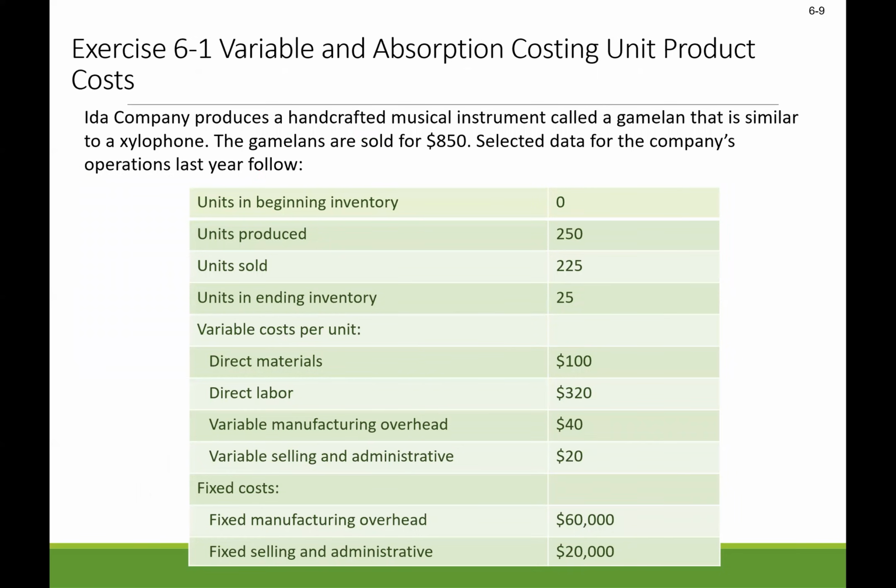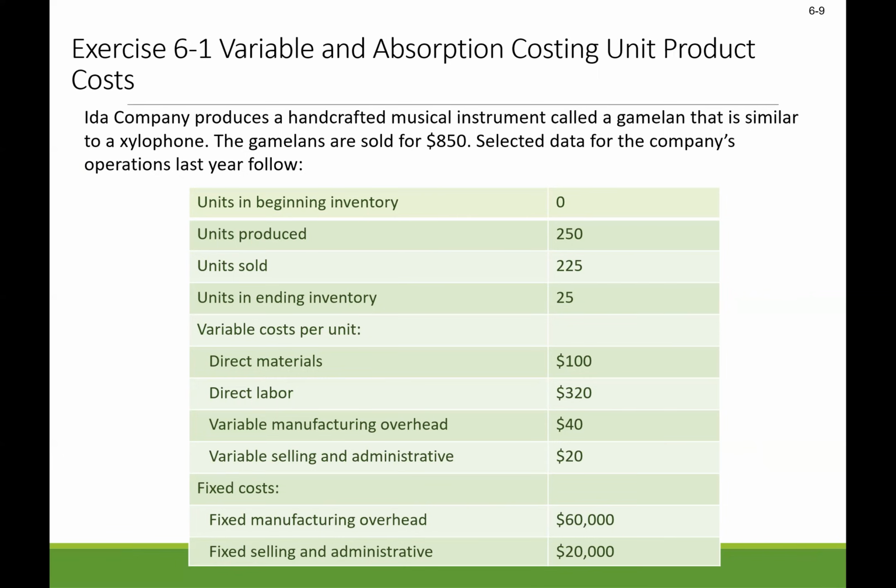Ida Company produces a handcrafted musical instrument called a gamelan that is similar to a xylophone. The gamelans are sold for $850. Selected data for the company's operations last year are shown.